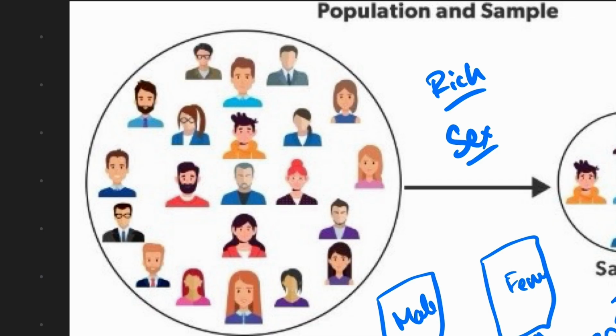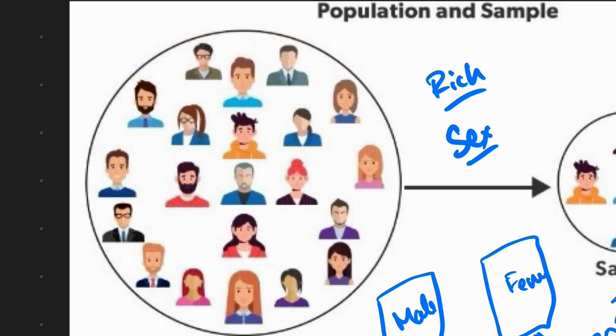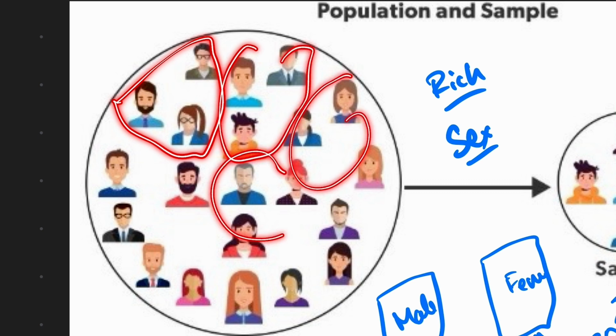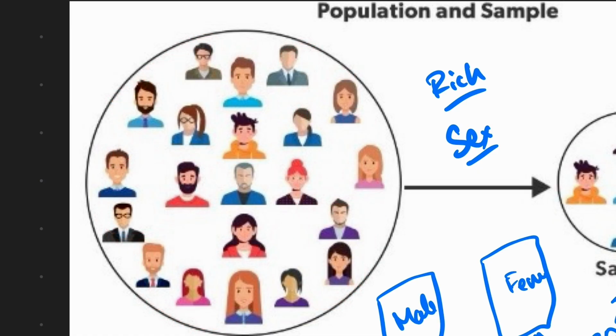In cluster sampling, we cluster all of these people into groups. A cluster is all these 3 people in one group, all these 3 people in another group. In simple terms, schools: school A, school B, school C, school D, and similarly all of the schools will be listed, and I'll simply pick one school and consider that as my sample. As simple as that.